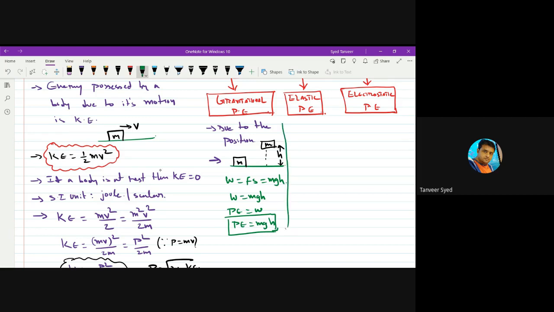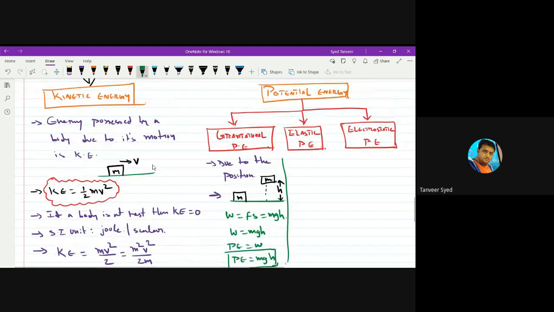Second type of energy, elastic potential energy. Bodies possess this potential energy due to change in configuration or arrangement of a system.